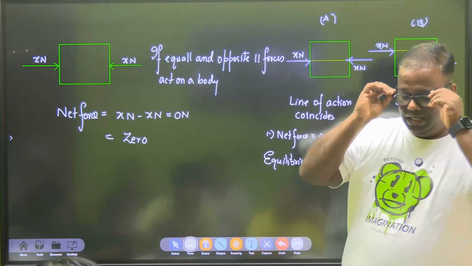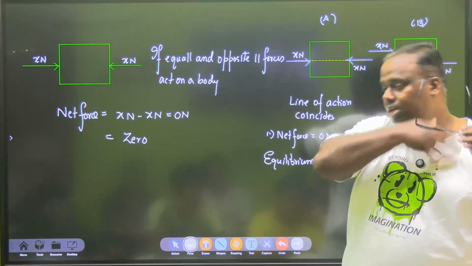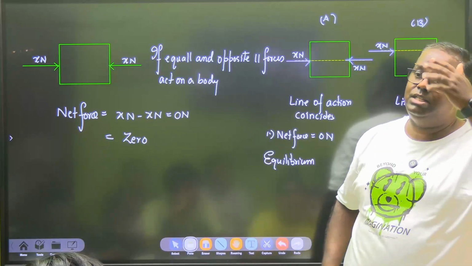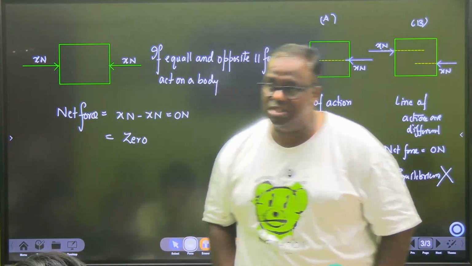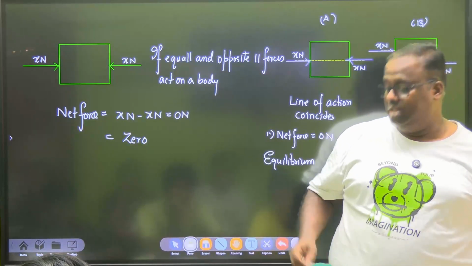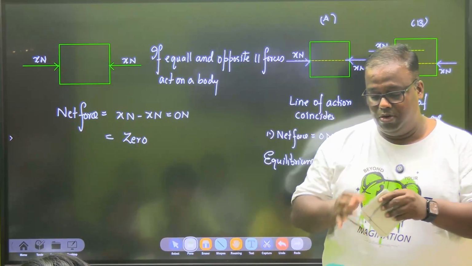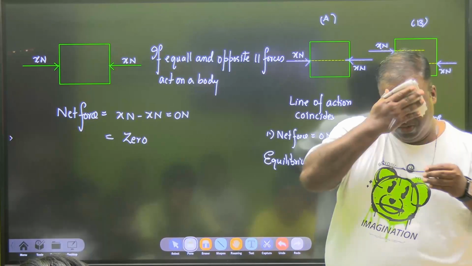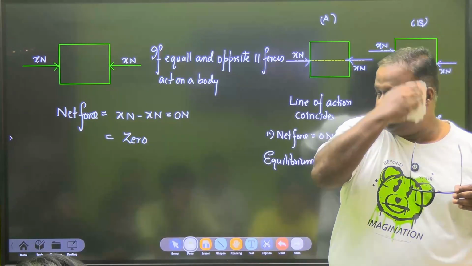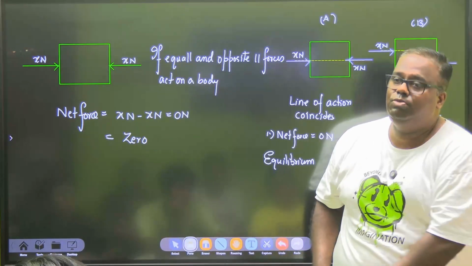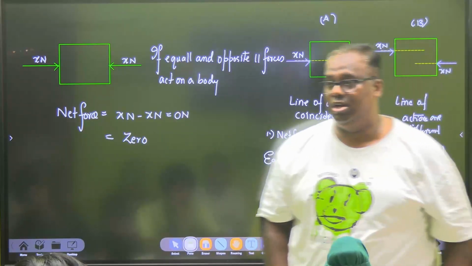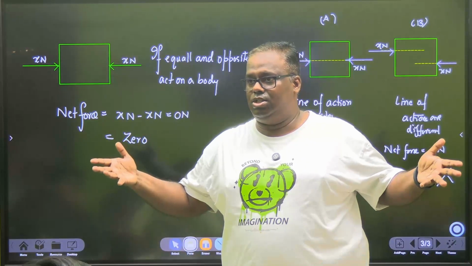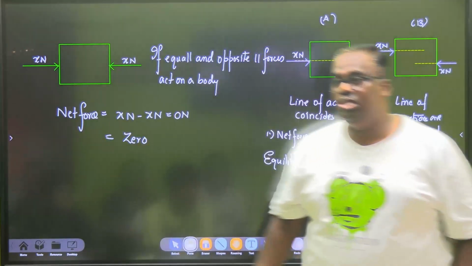After that, we studied what happens to net force if the forces acting on a body are equal but opposite in direction. If it is equal and opposite, then the net force is always 0. No question about it. However, we have to take a question on what we call the equilibrium nature. Whether the body will be at rest or whether the body will lose its rest position.